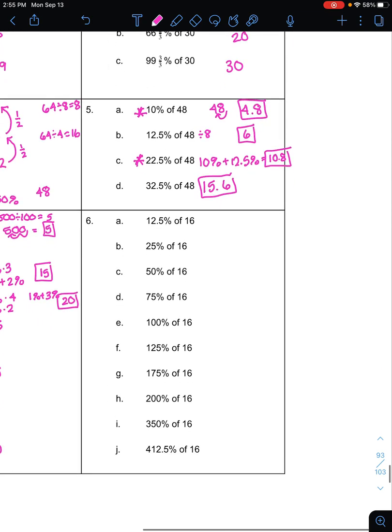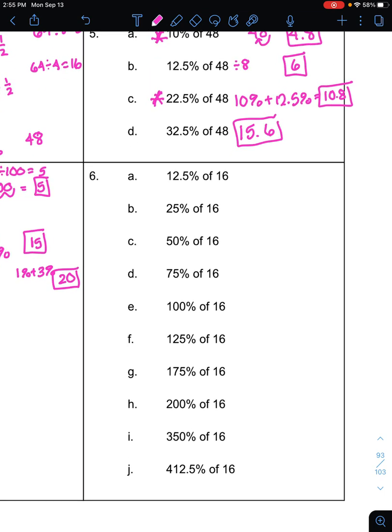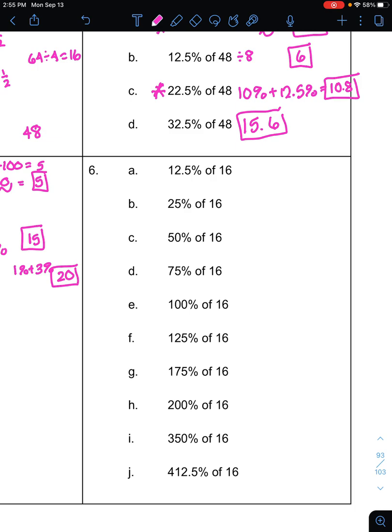All right, one last section. See what you can do with it. Pause it and come back when you're ready to go over it. All right, this is the gauntlet. A lot of problems in a row. They're all concerning 16. So 12.5% we talked about was 1/8. So 16 divided by 8 is 2.